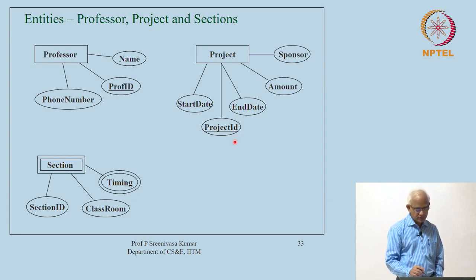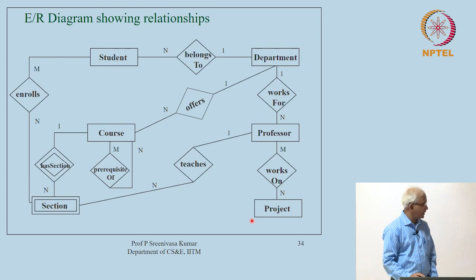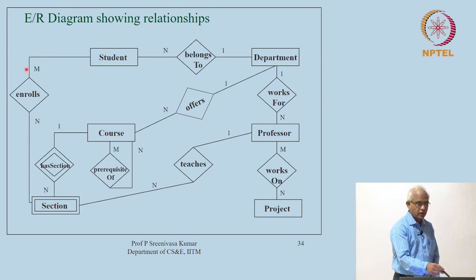Now, let us put all these things together into one diagram. This is how that looks. I want to remind you that because I am using slides, and the slide will get cluttered if I write all the attributes around this, I have not written them here. Normally, when you show the entity, you also show all the attributes around it.